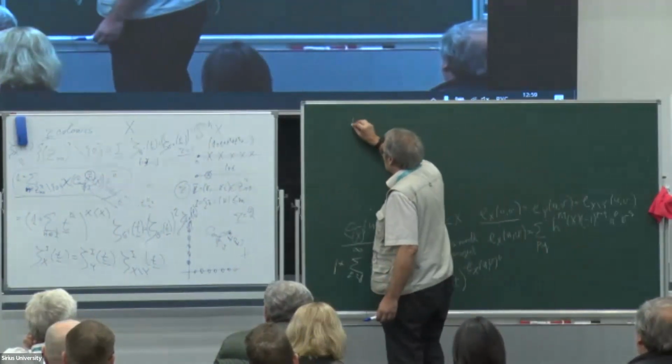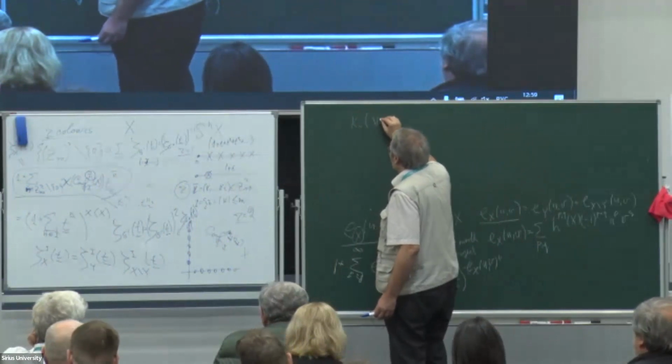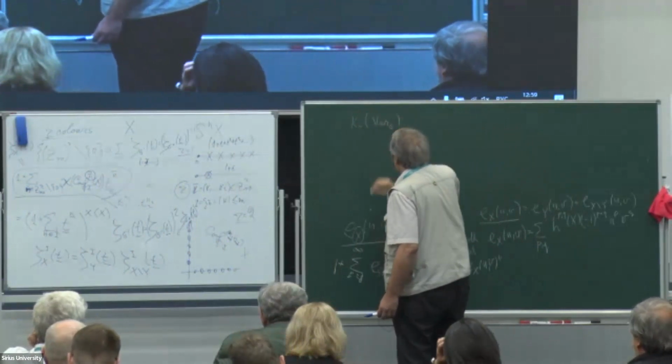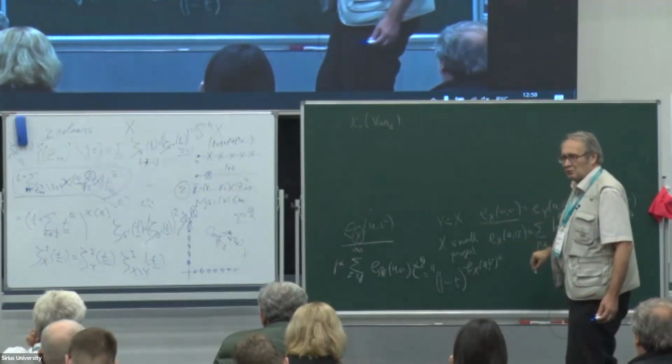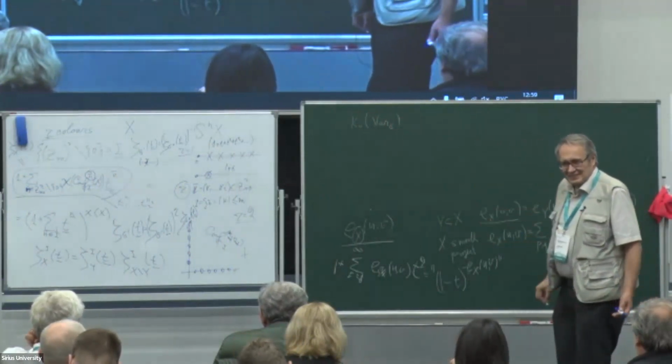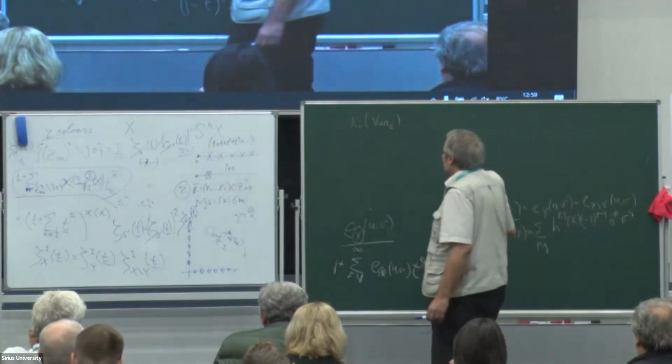It is the Grothendieck ring of quasi-projective varieties. I work over C. I didn't tell you, but of course this was over C. I told you about Hodge numbers and so on, of course.